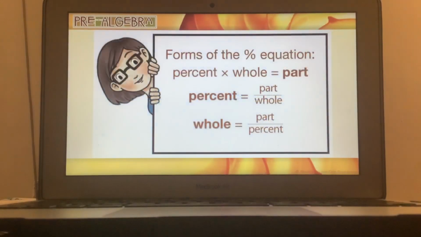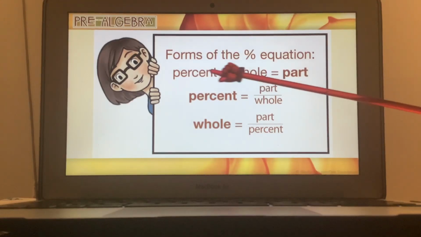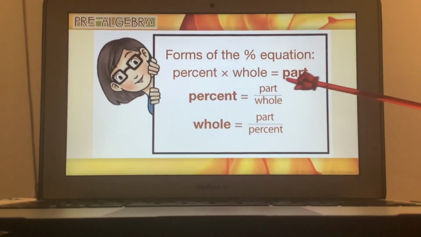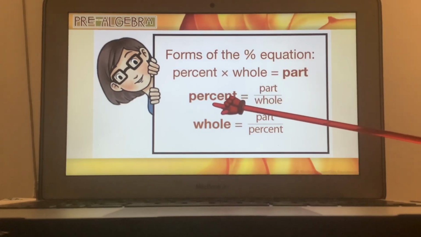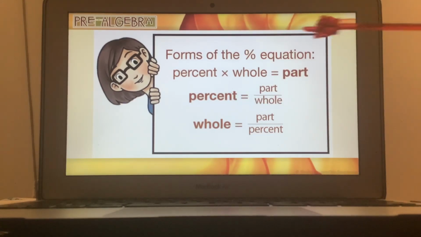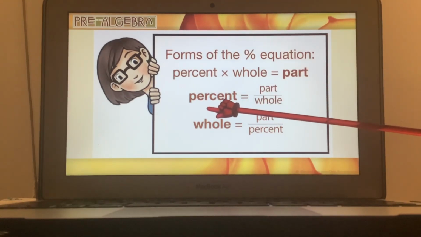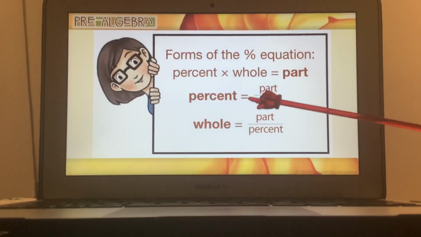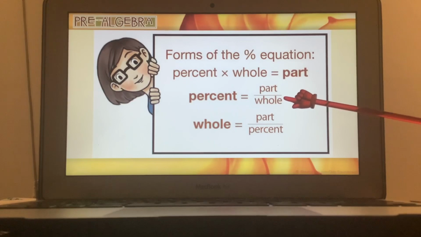Okay. Now, here are two equations or two formulas that you'll need to memorize. The forms of the percent equation: the percent times the whole equals the part. Now, if you take this percent formula, you can find the percent. The percent is equal to the part over the whole.